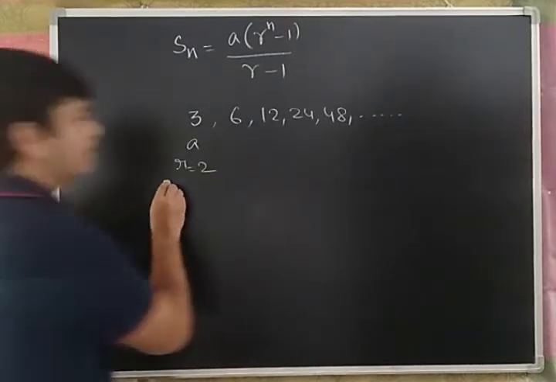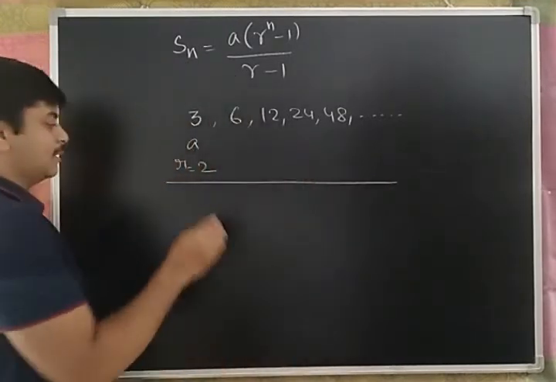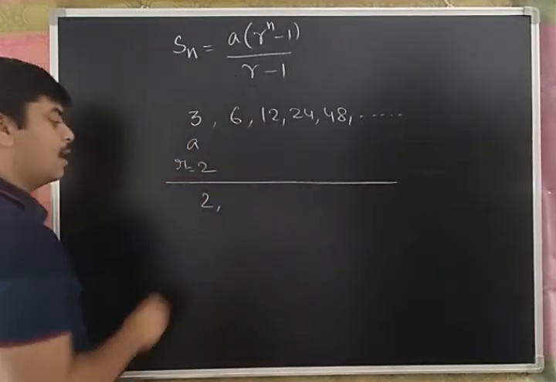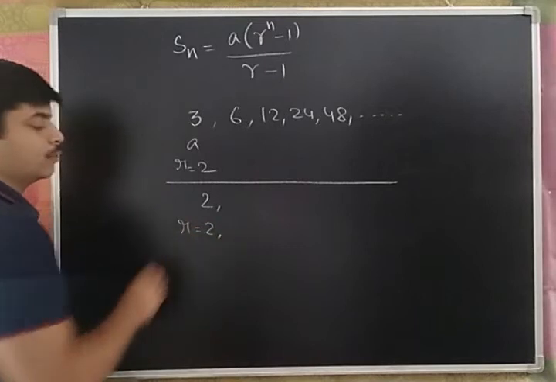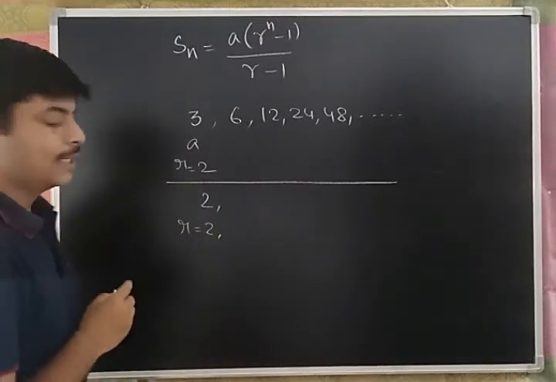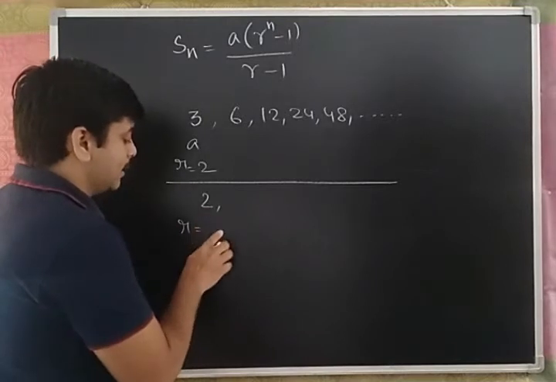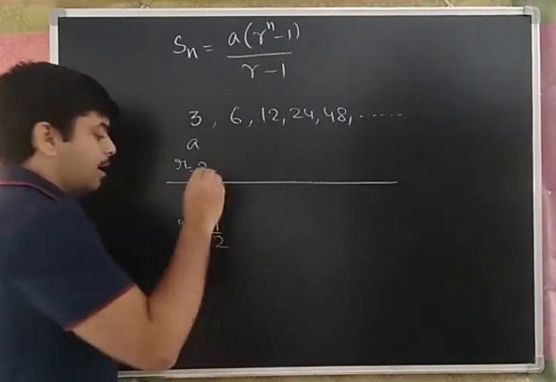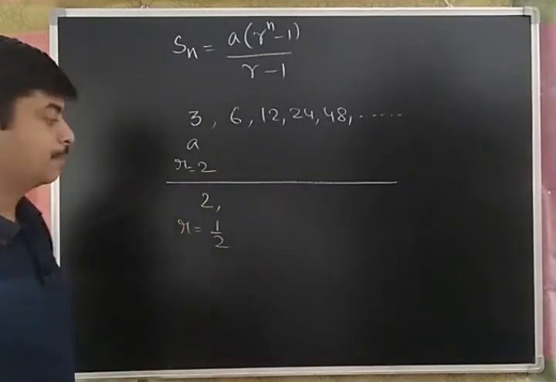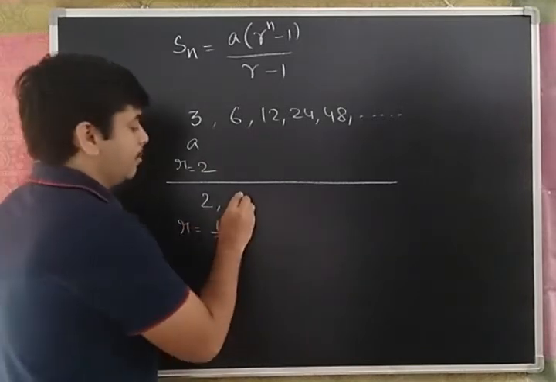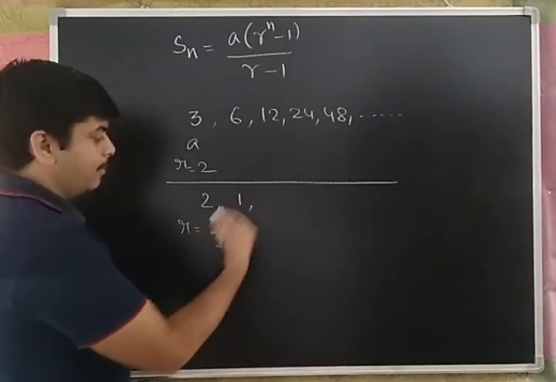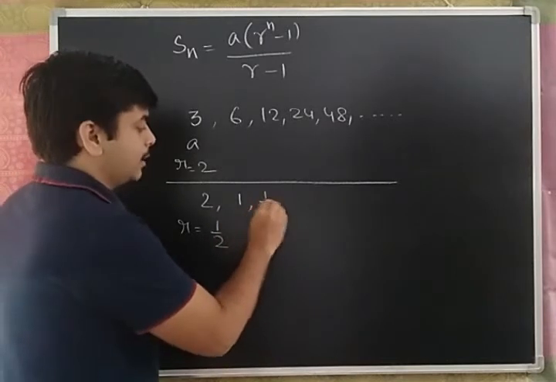Let us take one more example here. Let us take the first element as 2, and the common ratio as 1 by 2. So 2, the next element will be 1. The next element will be 1 into 1 by 2, that is 1 by 2.